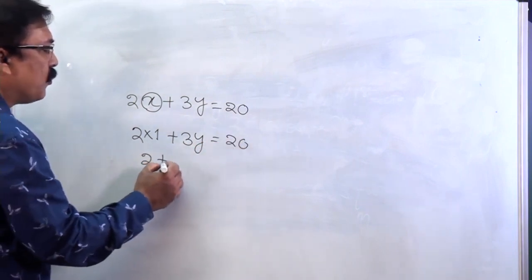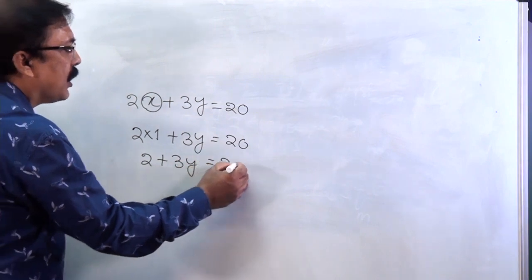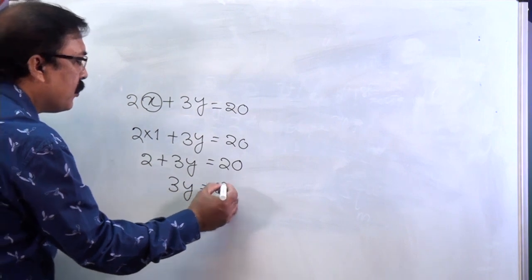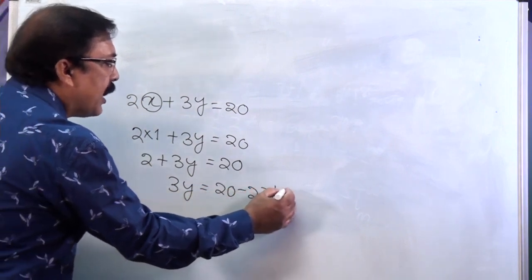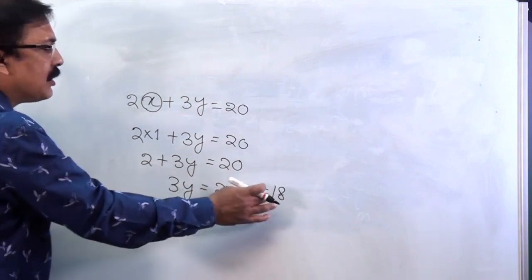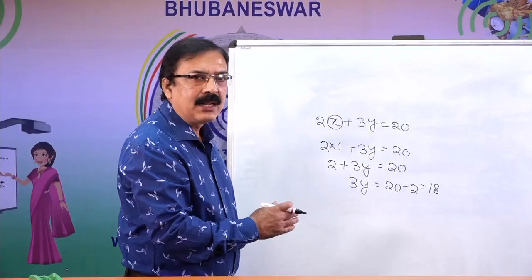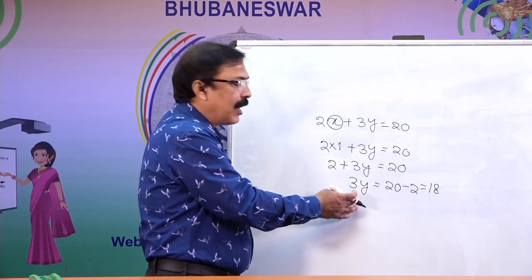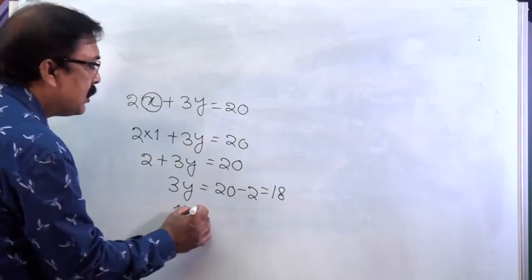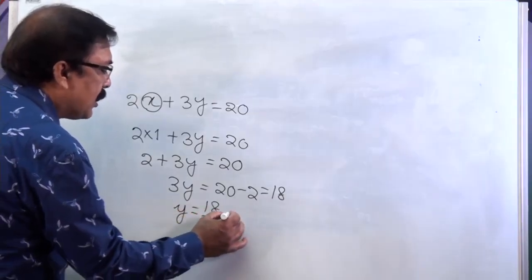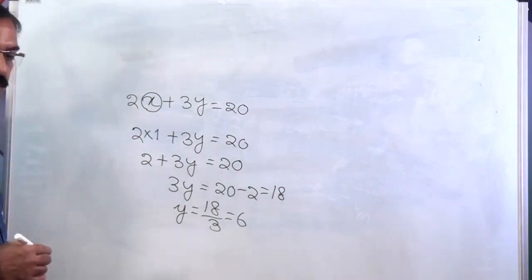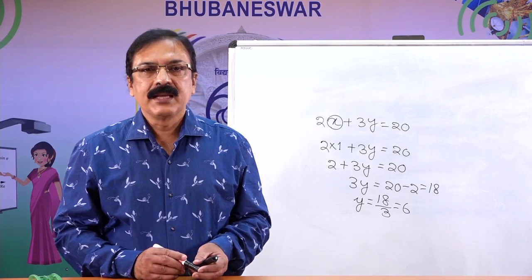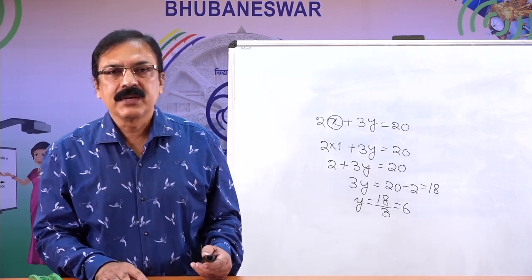This gives 2 plus 3y is equal to 20. Now, 3y is equal to 20 minus 2, that is 18. So, 3y is equal to 18 is an equation in one variable, and we will get a unique solution for y, that is y is equal to 18 by 3, that is 6. So, the value of x is 1 and the value of y is 6, that satisfies this equation.